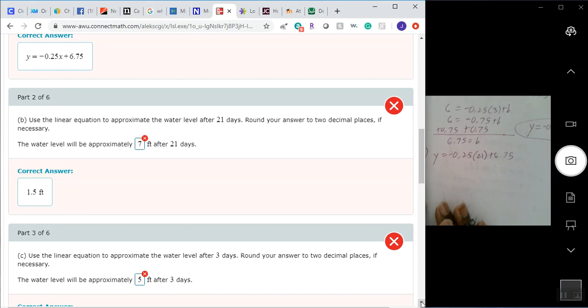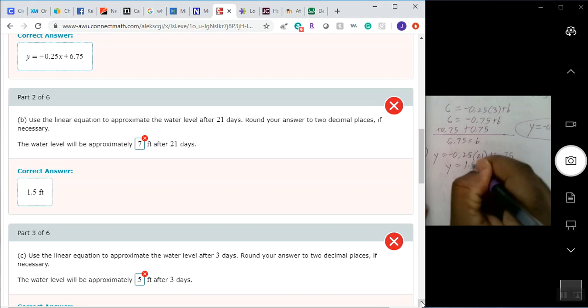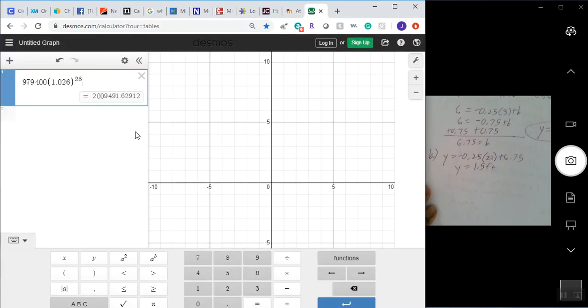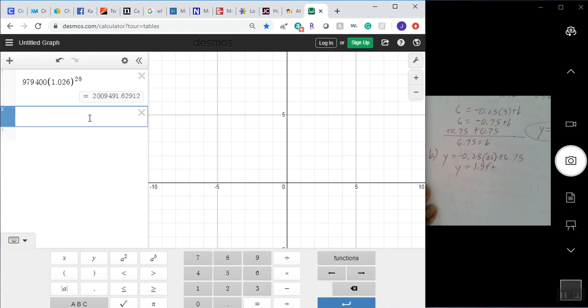When you put this in your calculator, it gives you 1.5 feet. I'll put it in as decimals so you can see it visually: negative 0.25 times 21 plus 6.75, and it gave us 1.5.